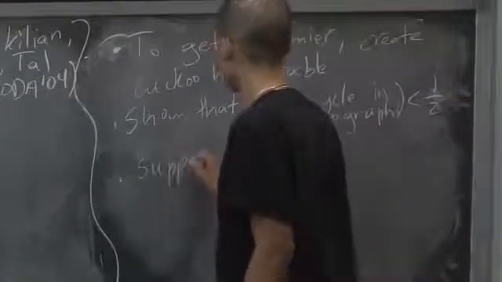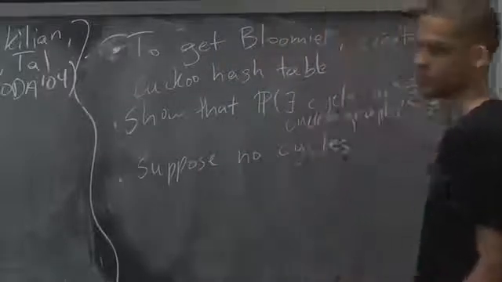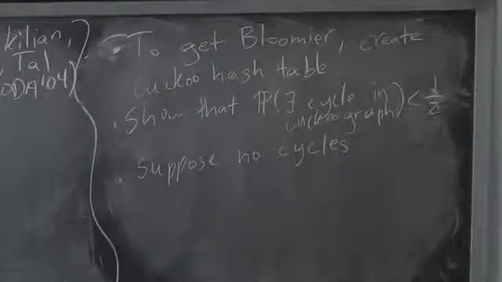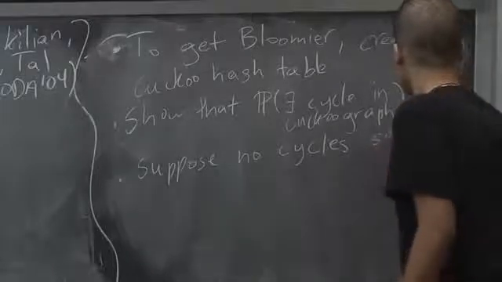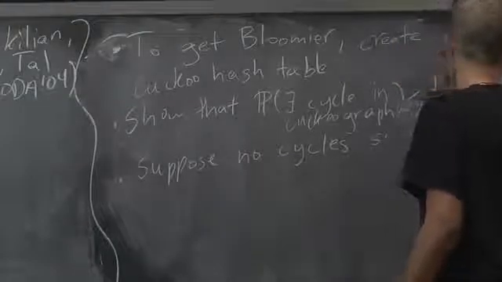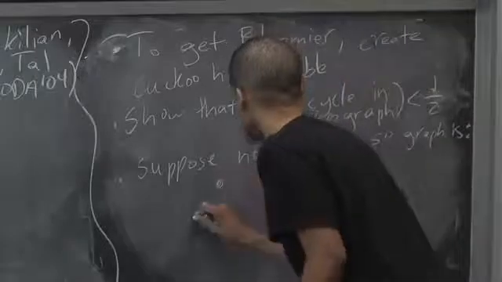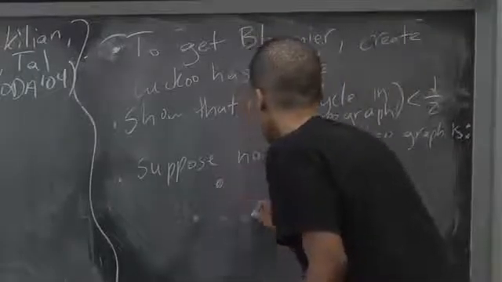Suppose there are no cycles now. Then what does the cuckoo graph look like? There are no cycles, so it's a forest. So the graph looks like a forest.